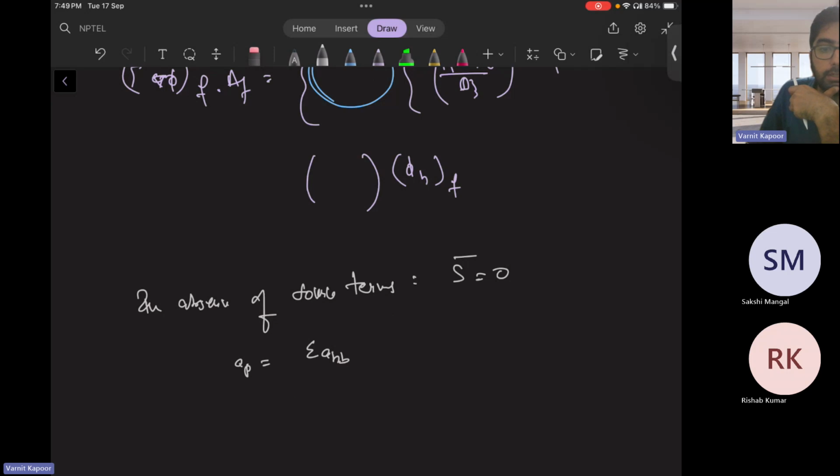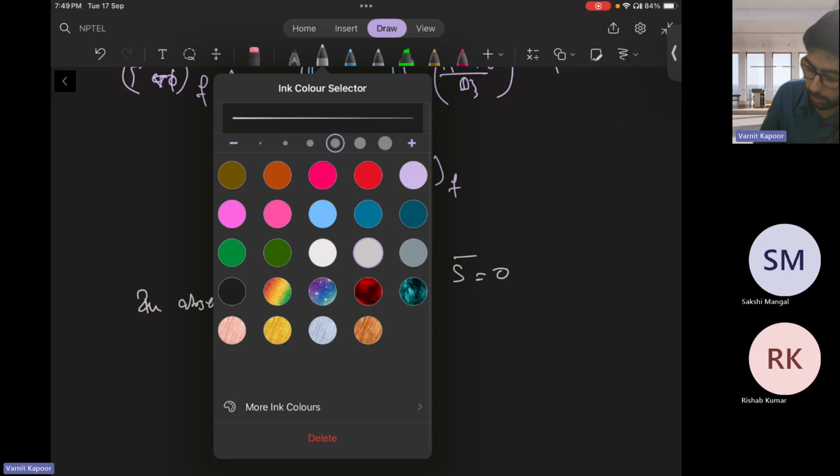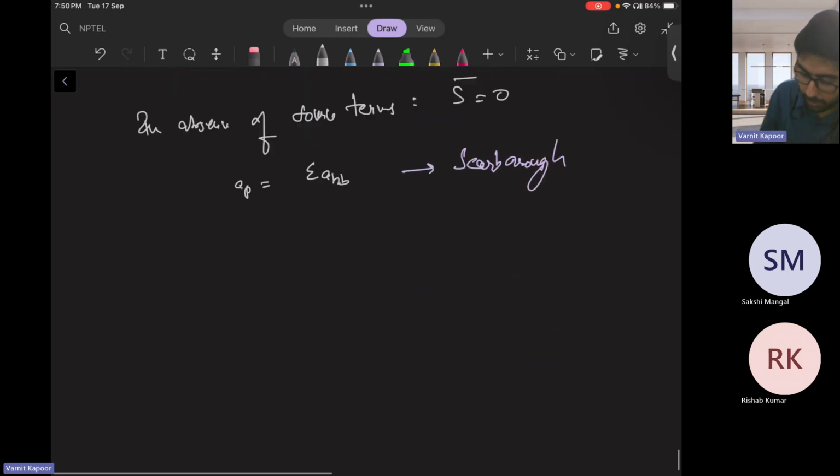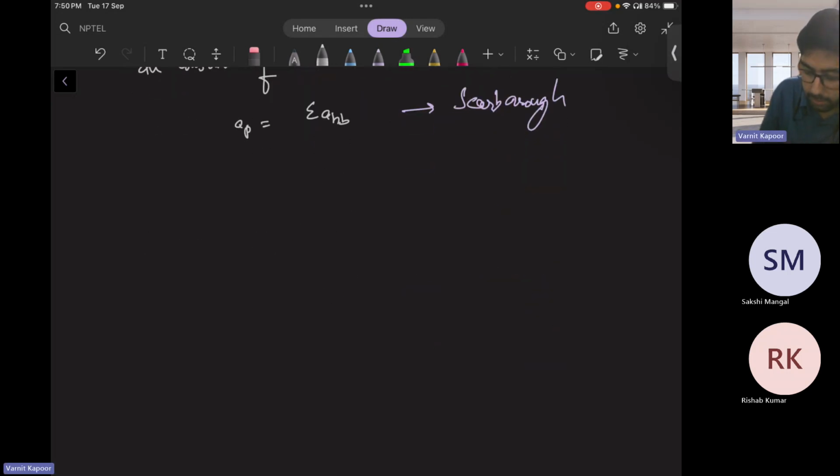But what about the boundedness? Boundedness means you have source equal to 0 for this case. So essentially source is 0. So this term is AP phi naught equal to summation of A and B phi and B plus B. There is some B which is having some secondary terms. This satisfies Scarborough. In the absence of source, for the boundedness, your phi naught is nothing but summation of A and B phi and B, that's B over AP.